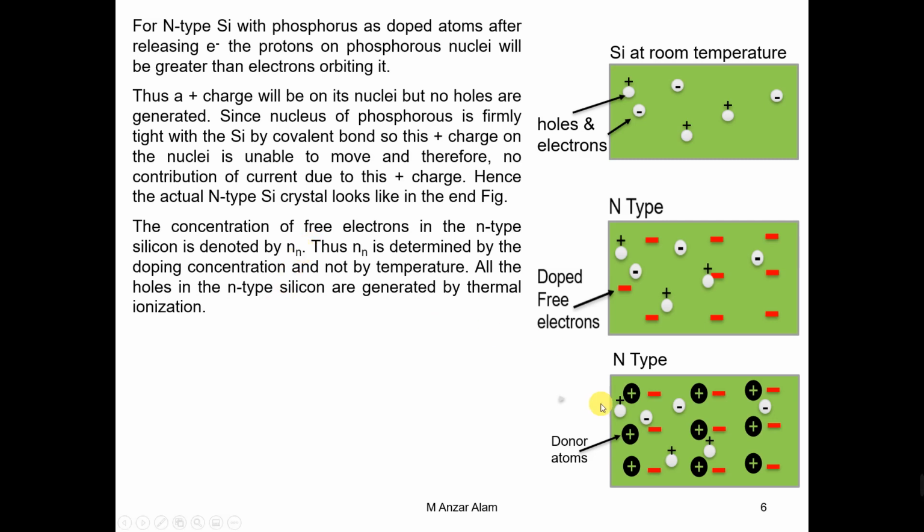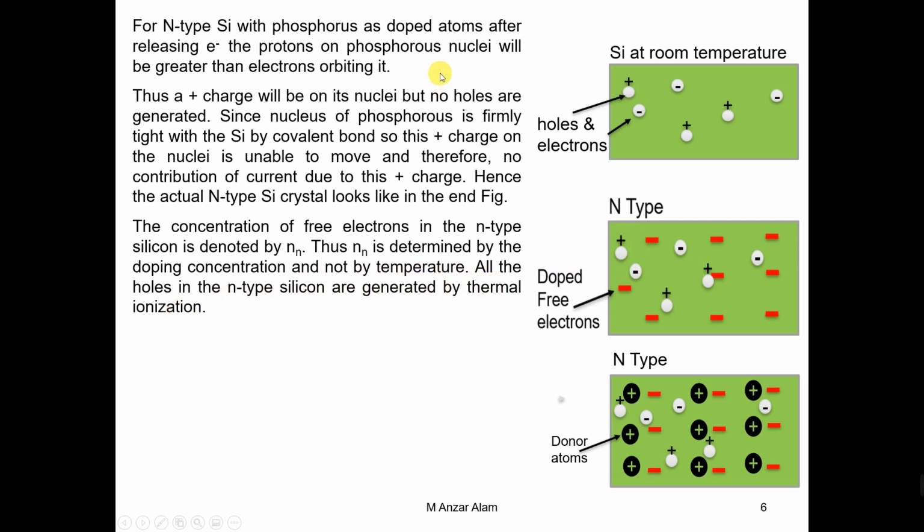Thus, Nn is determined by the doping concentration and not by temperature. So this Nn is dependent on the doping concentration, not on the temperature. All the holes in the N-type silicon are generated by thermal ionization.